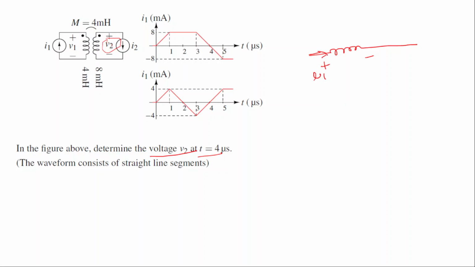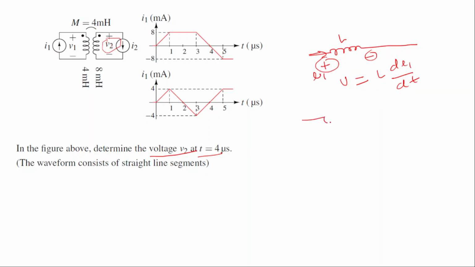If the self inductance of this coil is L, then the induced voltage will be V equals L di1 by dt, and the polarity will be this. So for a single coil it's clear: we can define which direction current is flowing and find the polarity of voltage.